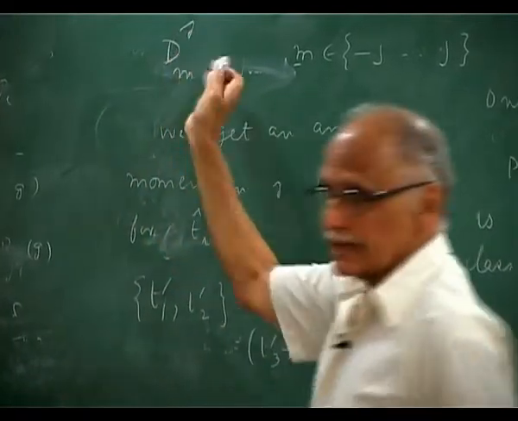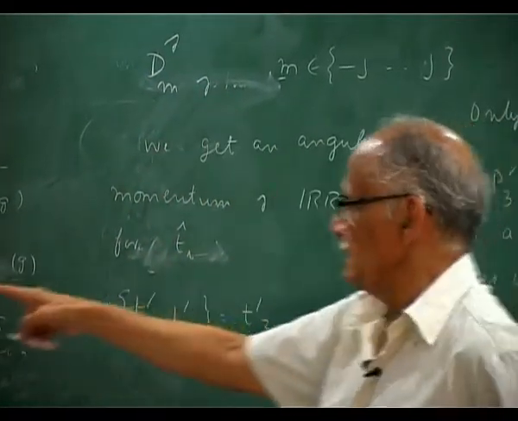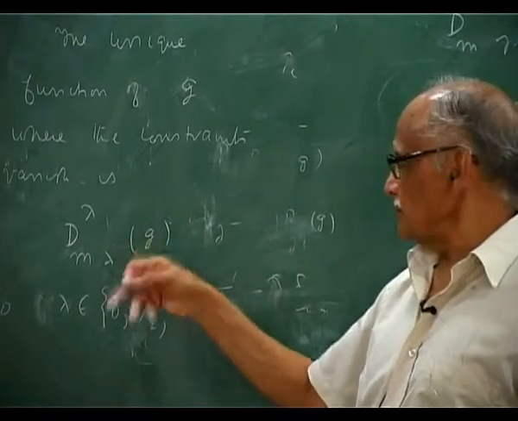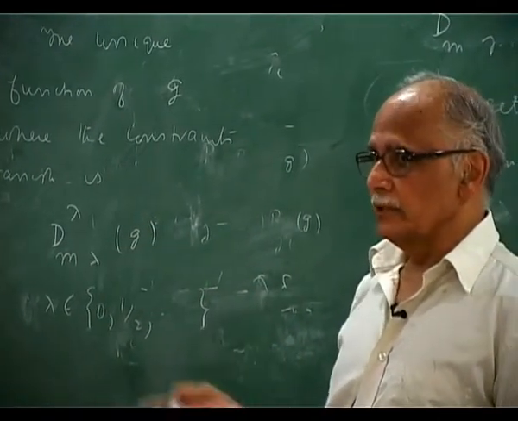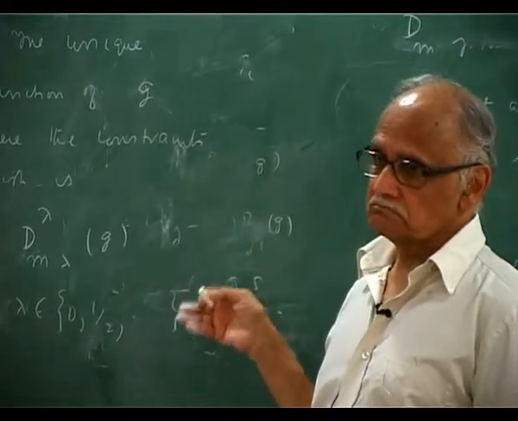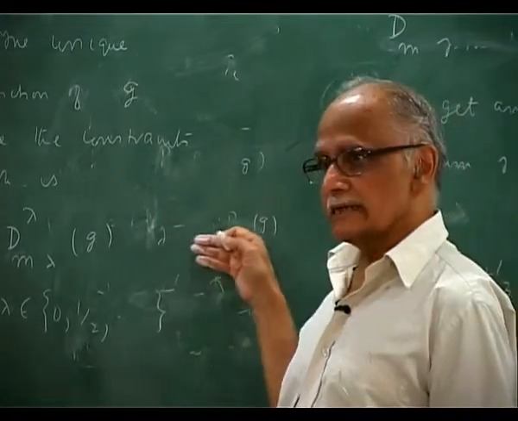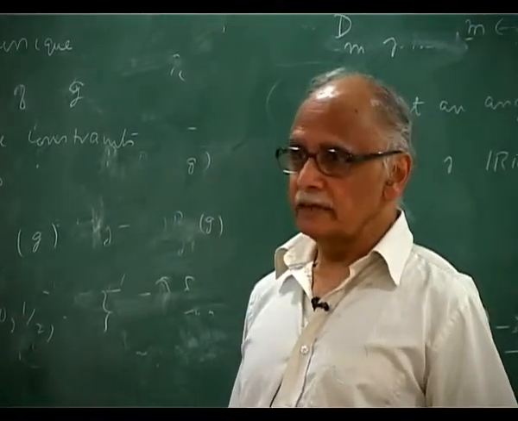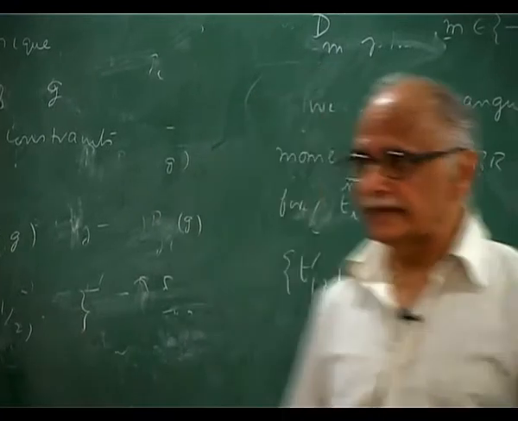T hat I acts on this function of g on the left, so they rotate the index m. The constraint is acting on the right. Okay. So if the constraint is on one side, the other one is on the other side. So they are mutually compatible, and we have chosen the highest weight state on the right.